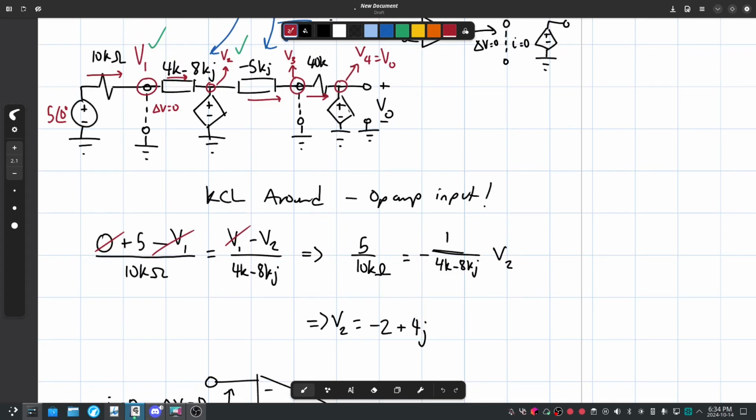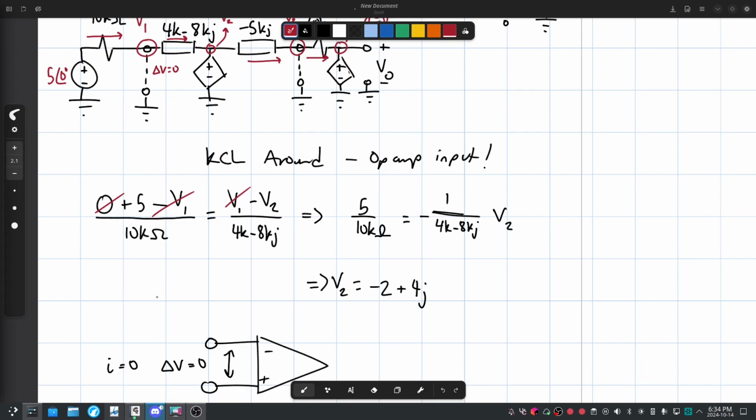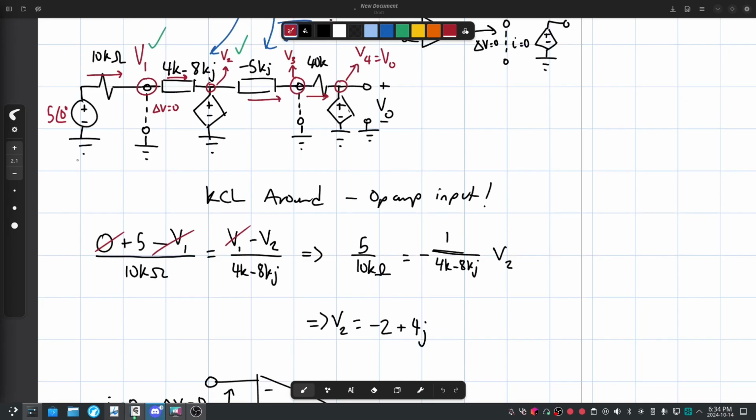In this case, KCL. Stupid question, but where did you get the 0 in 0 plus 1 minus V1? Okay, so how KCL works is that you start at the voltage you're coming from, you add any voltage sources you pass by, and then you subtract where you end up. So we started at ground, we added the voltage source because we came out of the positive end of the voltage source, so it's plus 5.